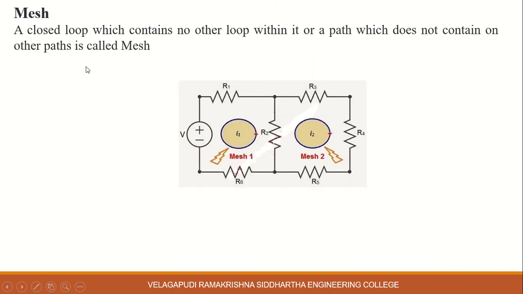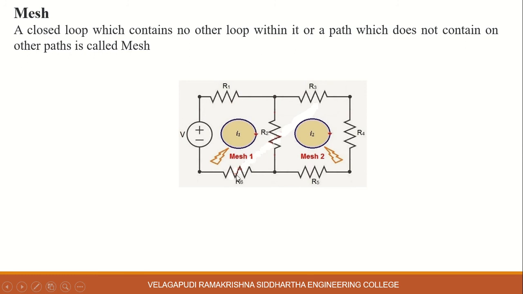Next one is mesh. A closed loop which contains no other loop within it, or a path which does not contain other paths, is called a mesh. Here there are two meshes, mesh 1 and mesh 2. If you observe, mesh 1 is one closed loop, and this closed loop does not contain any other closed loop.